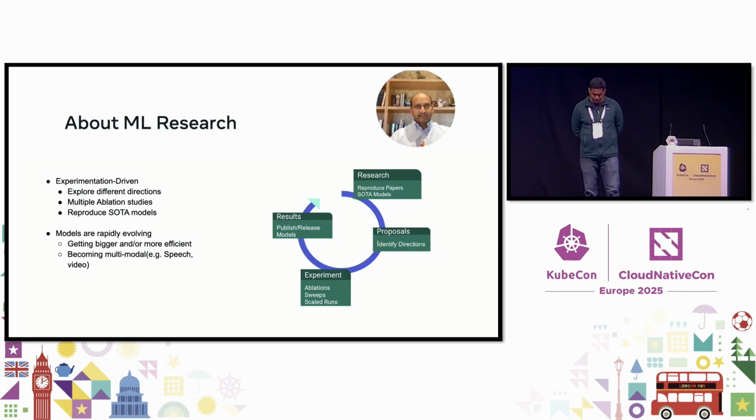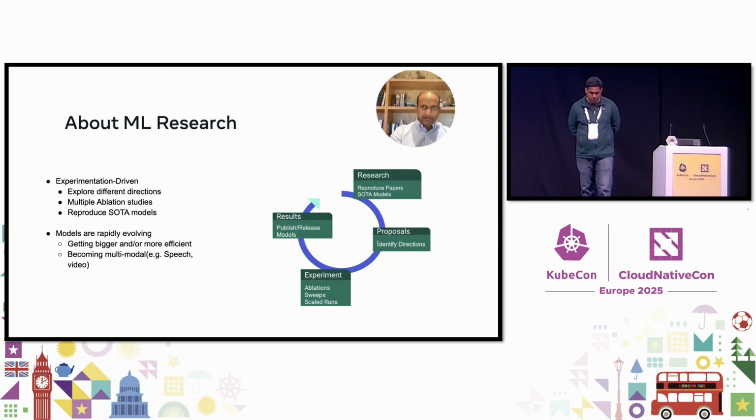Eventually, when everything settles down, you go into your scale run mode, meaning you are now ready to launch your workload on hundreds or thousands of GPUs based on the model's compute requirements, right? Once this process finishes, the final result is going to be a published model or productionized model or released to the open source community, the code and the model, right? That's what we are looking at.